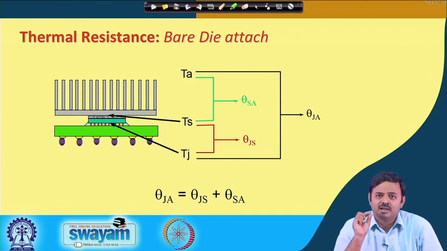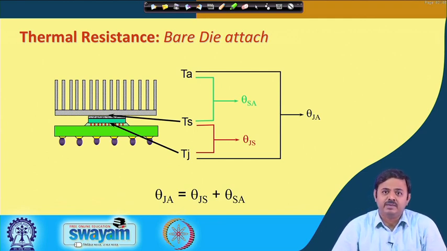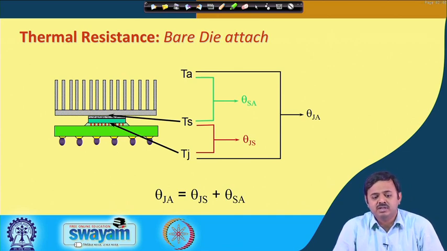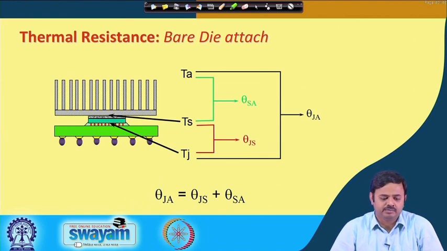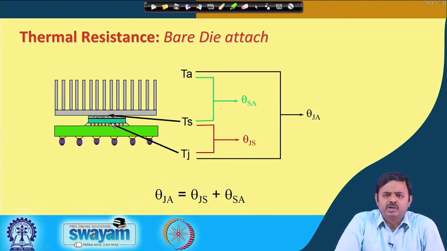So, these are all specified, Tj max, that limit is set, and so the thermal solution designer now has to come up with a thermal solution to ensure that the Tj does not exceed that maximum allowable limit. So, Tj is a very important temperature value.